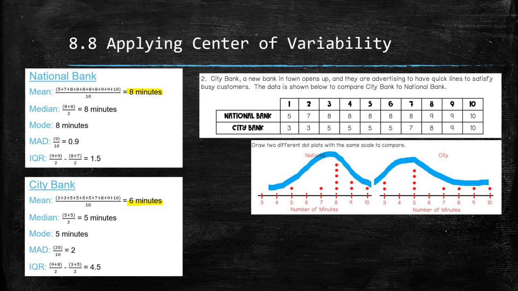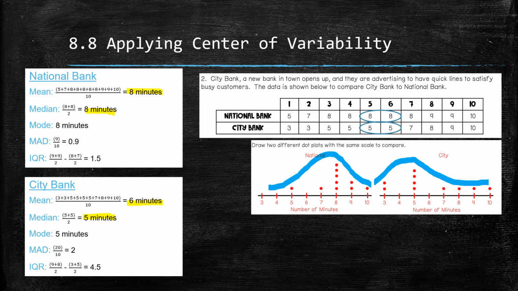Then I calculated the median, taking that middle data value, and I got 8 minutes for National Bank and 5 minutes for Citibank. So again, Citibank's looking pretty good.